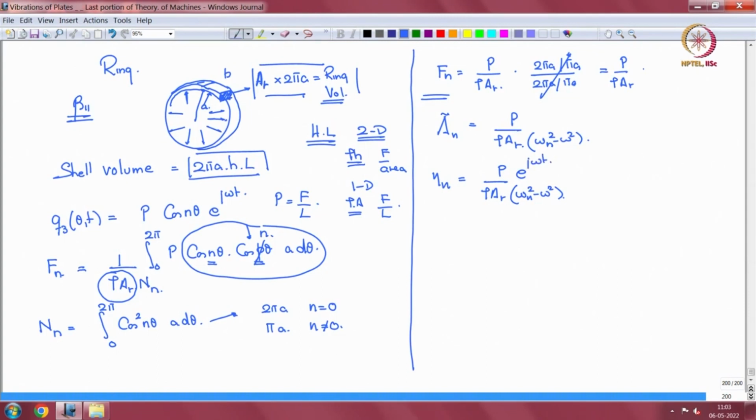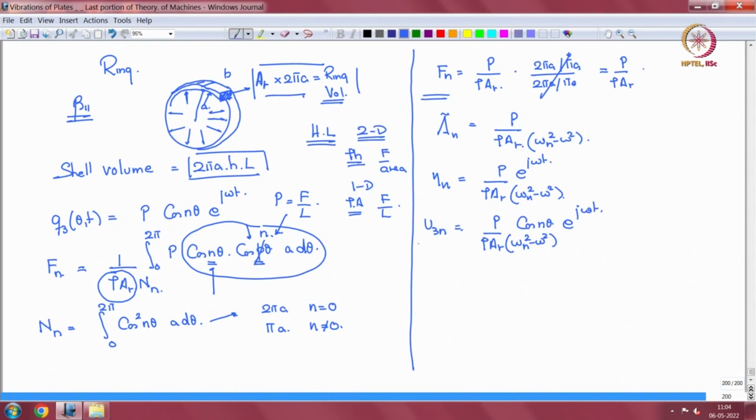And finally, what is the response? The U3n response. There is no summation over n, we just showed here. Fn is 0 and non-zero for only n. So, the response is P by rho A r into omega n square minus omega square, cos n theta, the mode, e to the power j omega t.